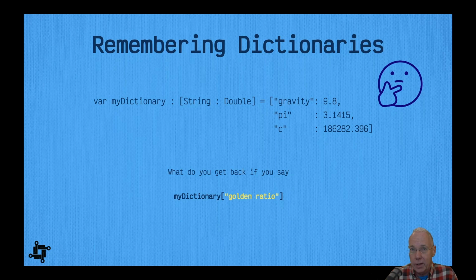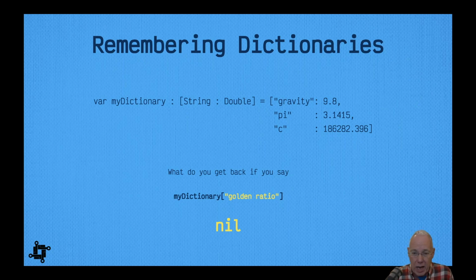So the interesting thing about this is that golden ratio is not a key in the dictionary. It's not there yet. It either hasn't been assigned yet or it never will be. And therefore, the dictionary needs to say, don't have anything. Returning a 0 is not right because it's not in there as a value 0. So what do we return? Well, we return nil. Nil is empty.